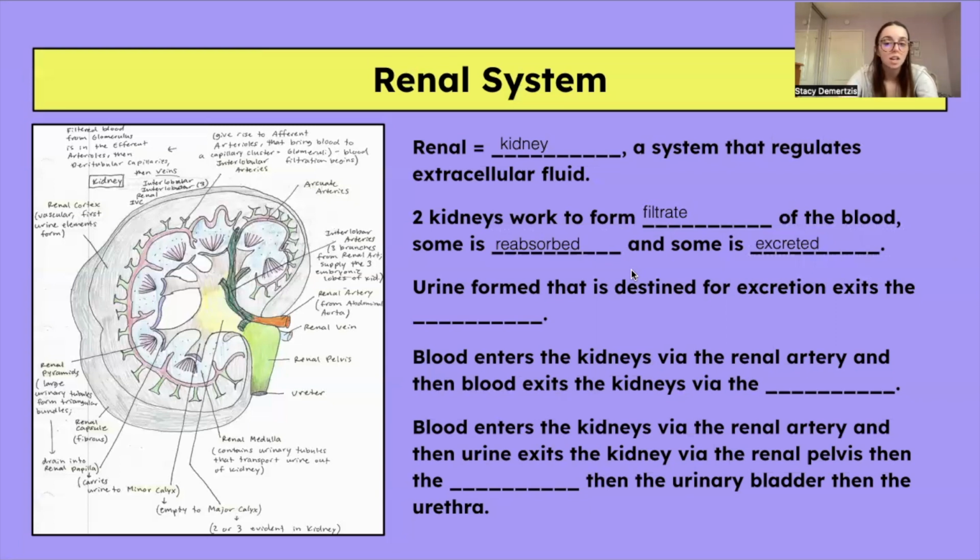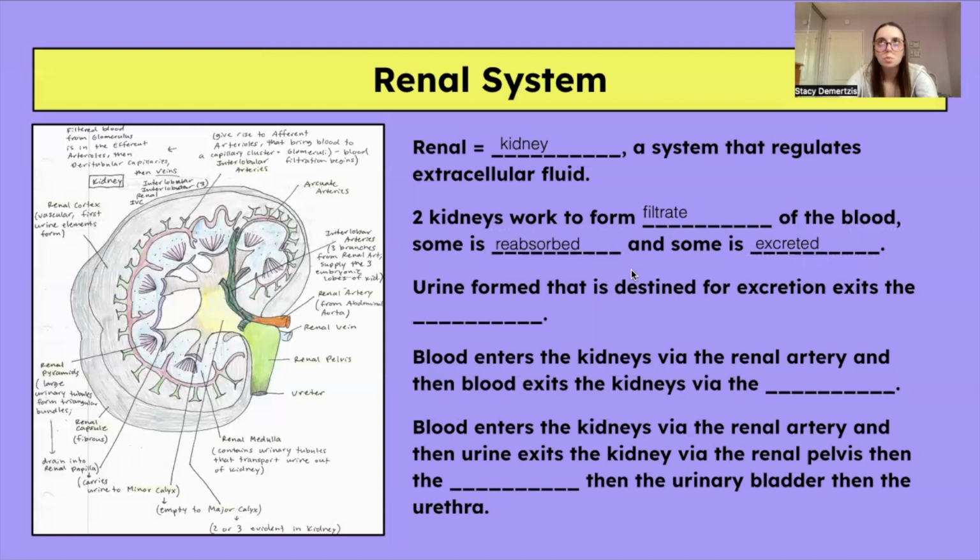The two kidneys form filtrate of the blood. About 80% will be reabsorbed, and 20% is going to form that filtrate. Whatever filtrate is destined for excretion in the form of urine is going to exit the kidney.